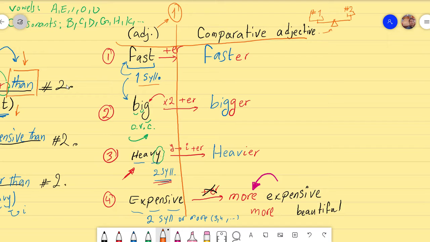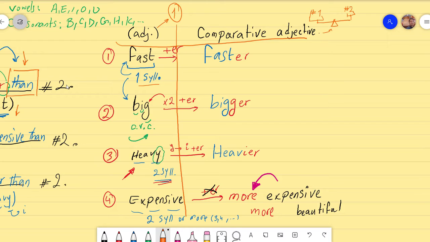The fourth group, like expensive, we have more than two syllables and we don't have y. What do we do? We add more before the adjective.